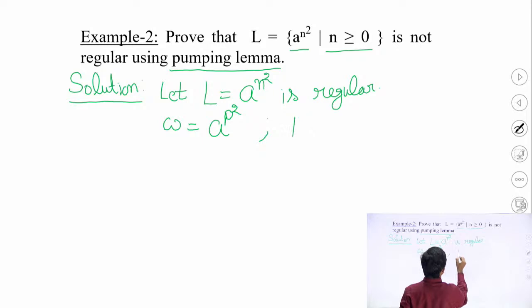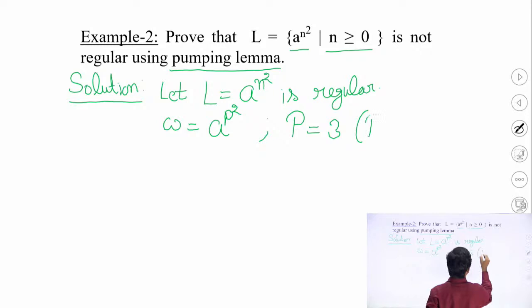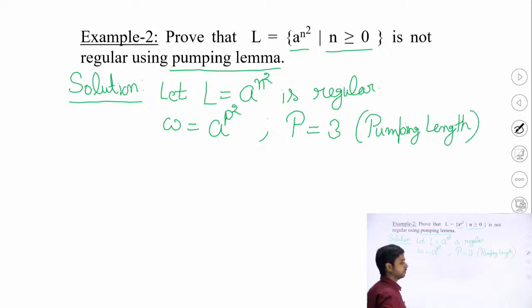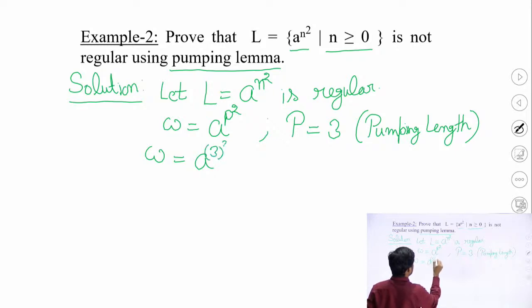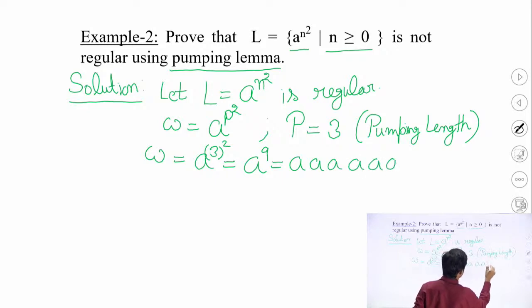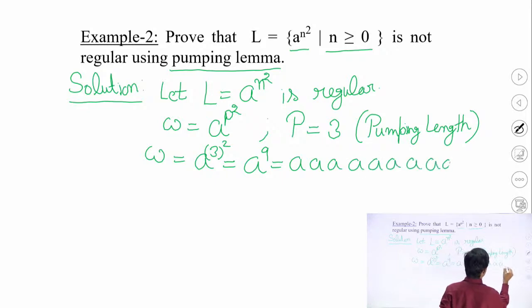So suppose let p equal to 3, where p is the pumping length. Now w will become a raised to power 3 raised to power 2, which is equivalent to a raised to power 9, which is equal to 9 times a.